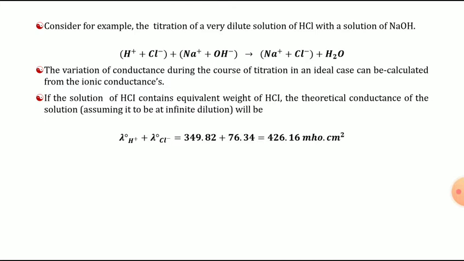That means the H+ ion has a theoretical conductance of 349.82, and the Cl- ion has 76.34. When we add these, we get 426.16 mho cm². This is the conductance of both ions added together.